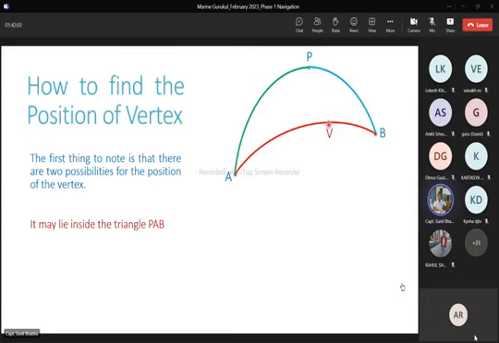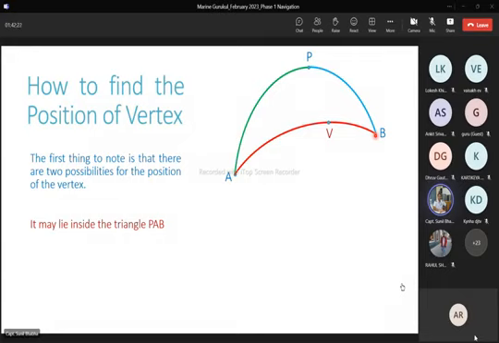Now you can see this in the diagram. We have represented the vertex by point V in the diagram, and in this particular case the vertex lies inside the triangle PAB, or the vertex lies in between our initial and final positions.